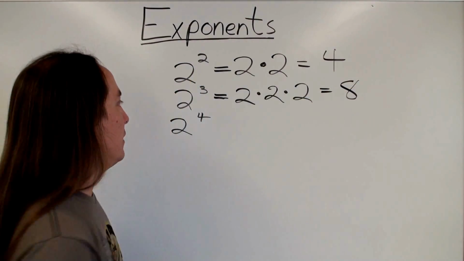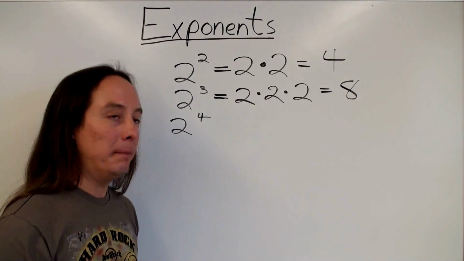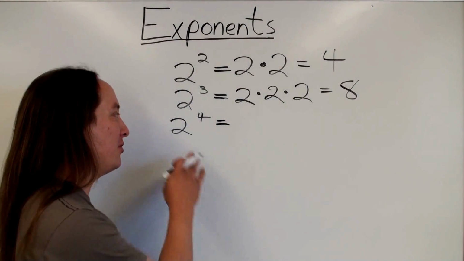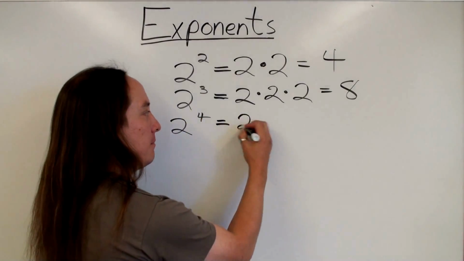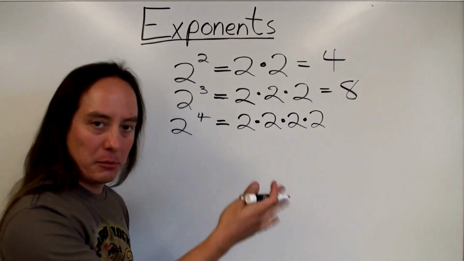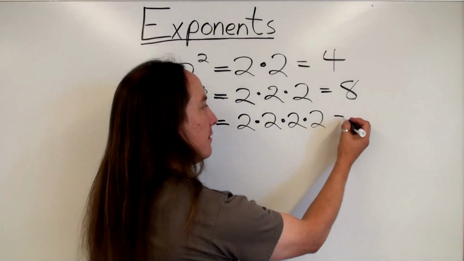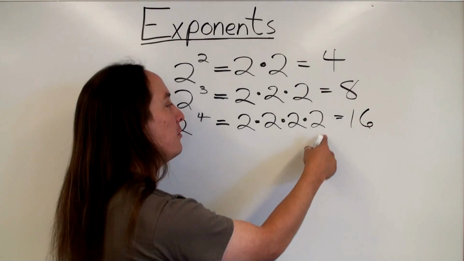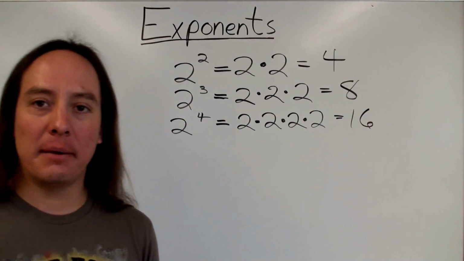And then over here we have 2 to the 4th power. This would be the same deal. I write down my base, which is 2, 4 times. And then we multiply all those, and that will give us 16, right? 2 times 2 is 4, 4 times 2 is 8, 8 times 2, 16, okay?